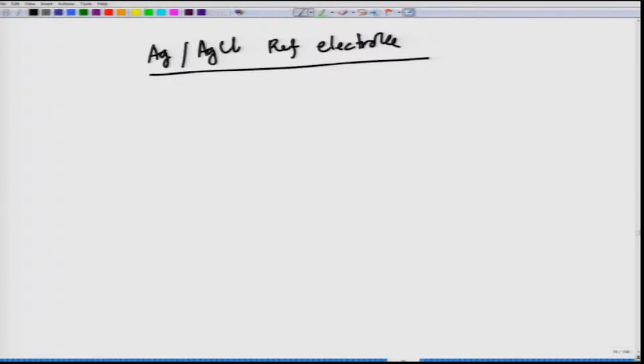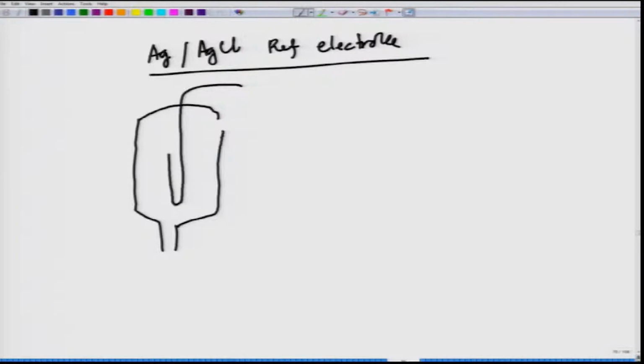So, AgCl reference electrode, silver chloride electrode, is basically a half cell. Okay. So, this electrode is constructed as a thin tube that can be dipped into analyte solution. Okay. So, essentially the way it looks is something like this. I am just showing you the cross section of it. Okay. So, this is how it looks.